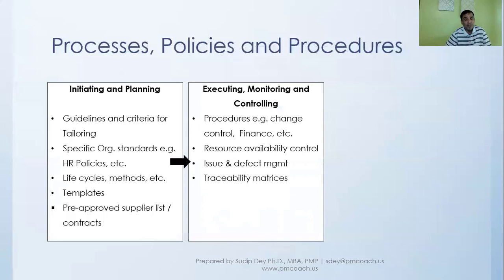And traceability metrics. Traceability metrics is again something we'll discuss in much more detail. But traceability metrics is really a table of requirements. And through these metrics, what you will ensure is that these requirements have been addressed at every stage, every phase of the project.